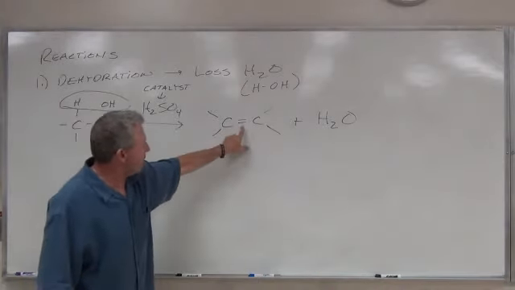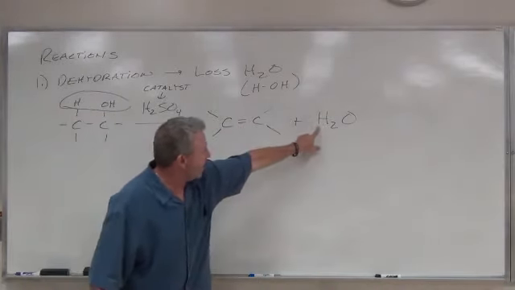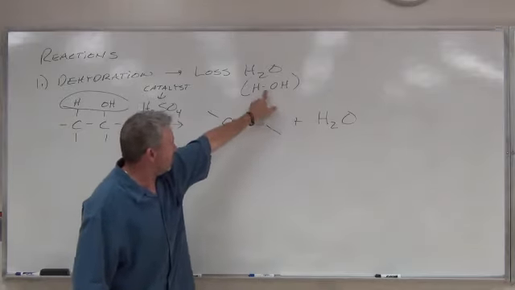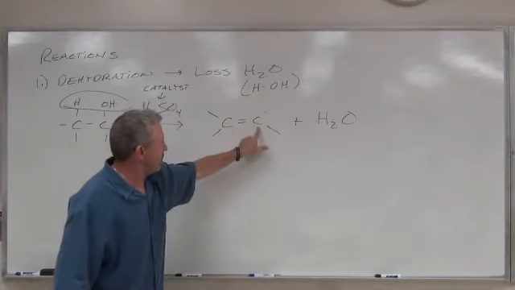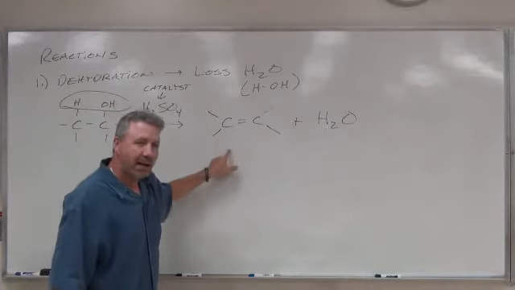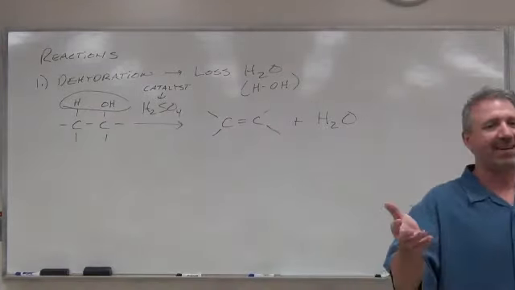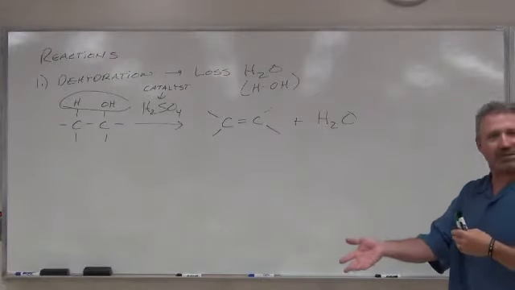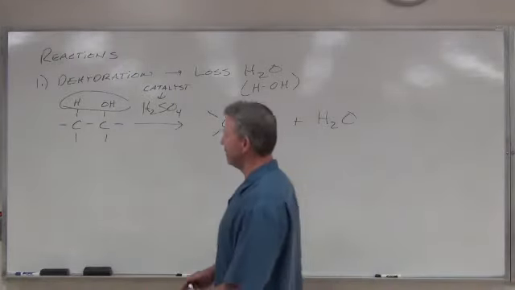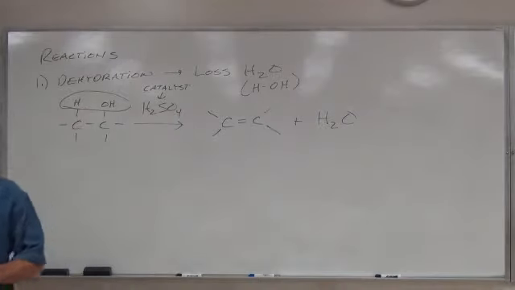We took the alkene, we added water, we thought about water in terms of H and OH, and we simply put an OH on one of the carbons and an H on the other. It's the opposite. And it should be. Dehydration is the opposite of hydration. Okay?